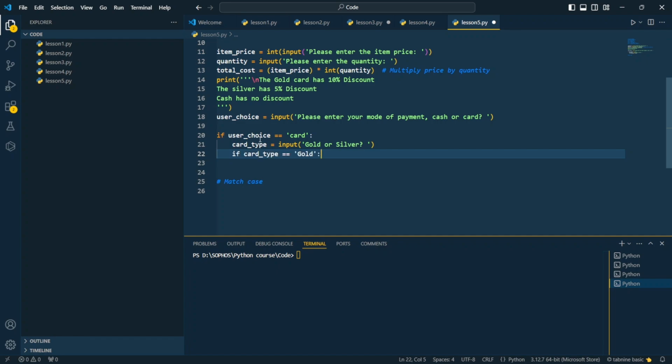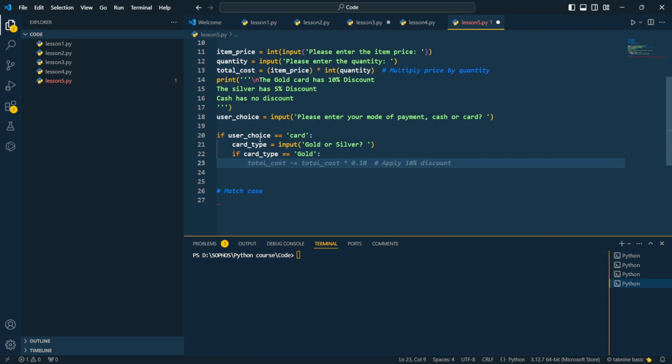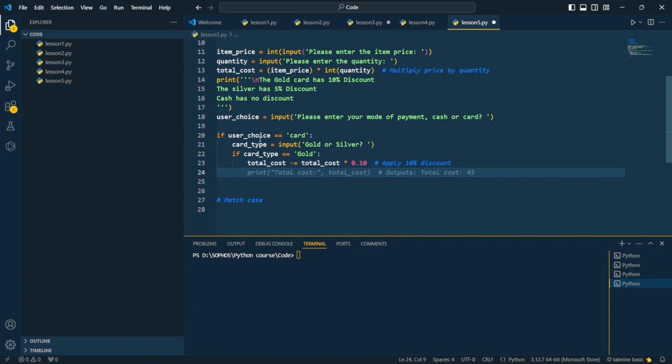Now if the card is gold, you see the structure: if the condition card equals gold, colon, enter. Now there is another indentation. This indentation is for the inner if statement. Now I would give a discount of 10%. This should be 0.90.